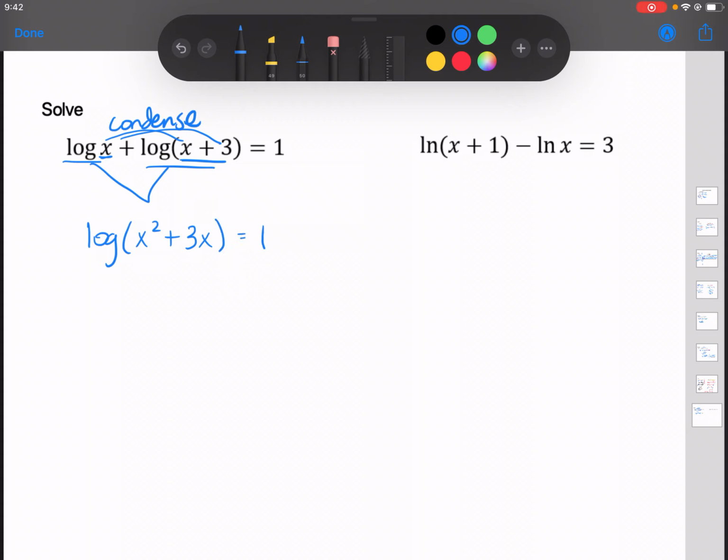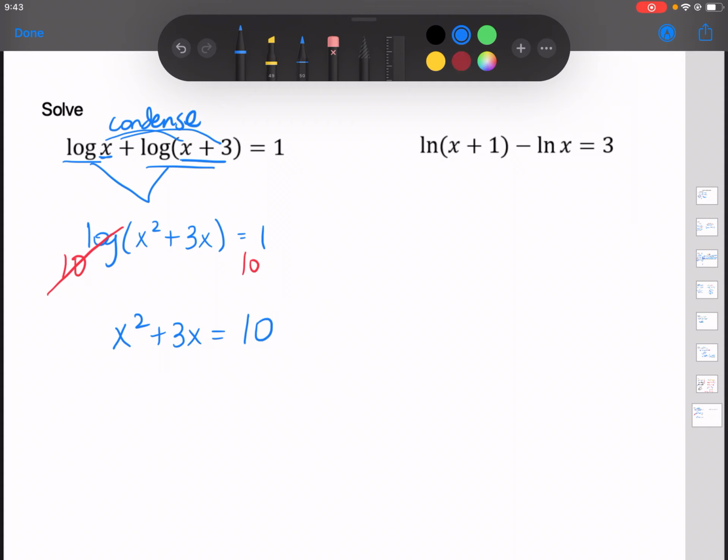And that equals 1. At this point, we're once again going to get rid of the log by applying the inverse. The base of a common log is base 10. So I'll apply a base of 10 to both sides to make it an exponential. And so I'll get x squared plus 3x equals 10 to the first, or 10.